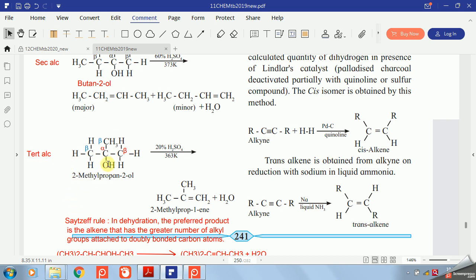So for the name, we write the numbering from any side in a horizontal way, 1 2 3. So on the second carbon there is a methyl, 2-methylpropan-2-ol, and all these are methyl. So the common name is tertiary butyl alcohol. Okay, right, this alcohol is tertiary butyl alcohol.